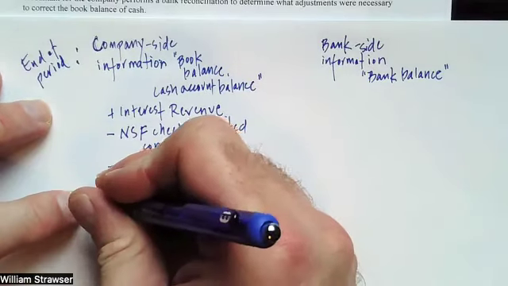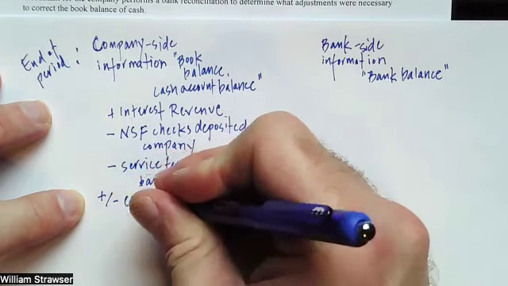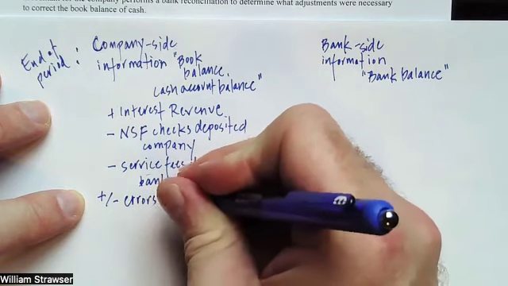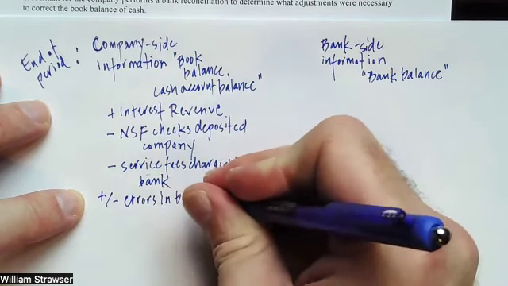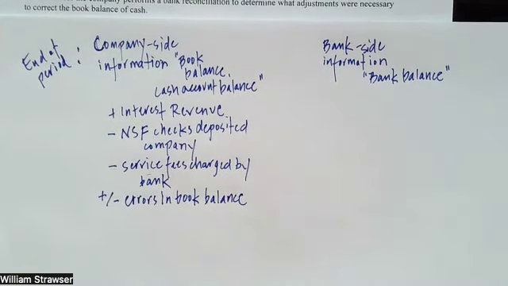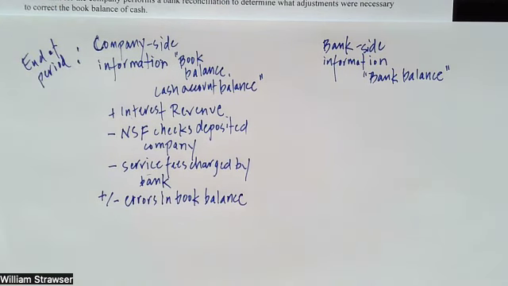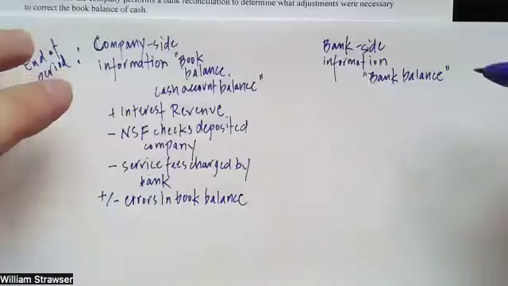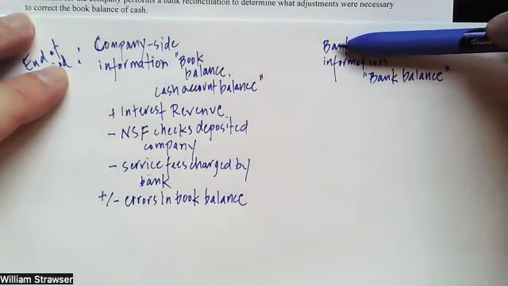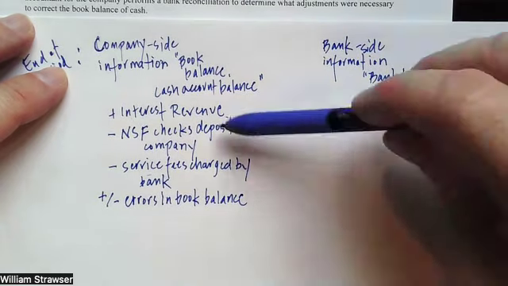And then if there is an error in our book balance, like if we wrote a check and we recorded the wrong amount, maybe we're paying off our utility bill, and we record the wrong amount in our ledger, in our book balance for cash, then only when we see that the bank cleared it for an amount other than what we have recorded in our books.